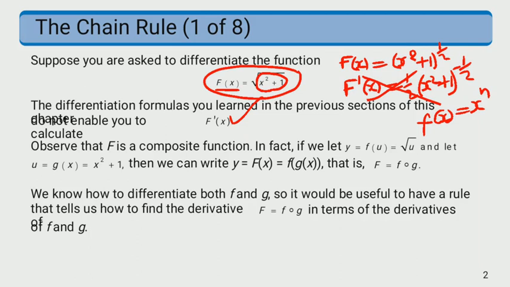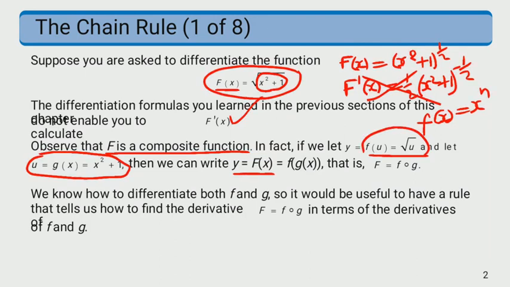So we can think of the inner function as another function, which takes us to a composite function, whereby we can let the inner function be u. Then f of x is an outer function f of u, which is nothing but square root of u, but u, remember, is the inner function, which is x squared plus 1.